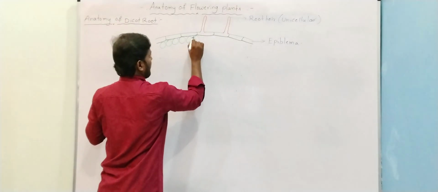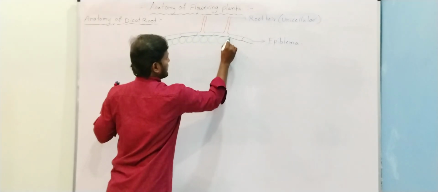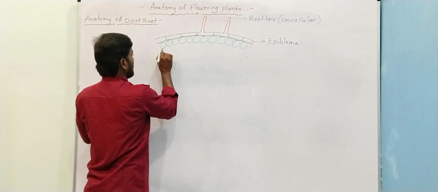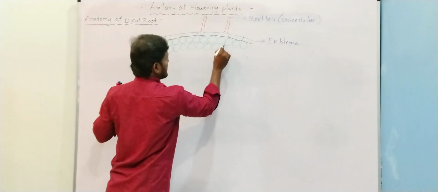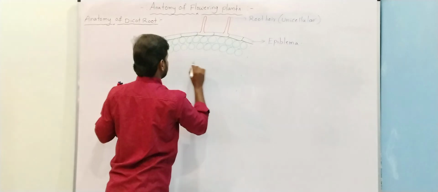Parenchymatous cortex. These parenchymatous cells are loosely arranged with intercellular spaces. Intercellular spaces are present.